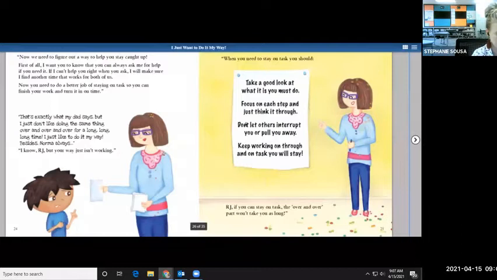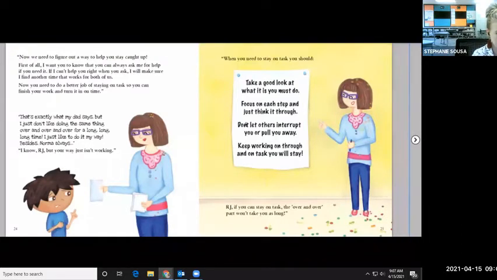Now we need to figure out a way to help you stay caught up. First of all, I want you to know that you can always ask me for help if you need it. If I can't help you right when you ask, I'll make sure to find another time that works for both of us. Now, you need to do a better job of staying on task so you can finish your work and turn it in on time.